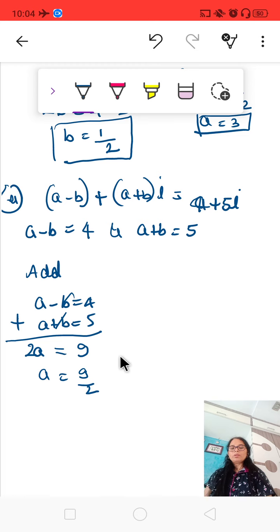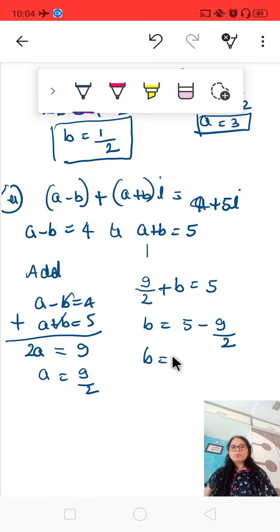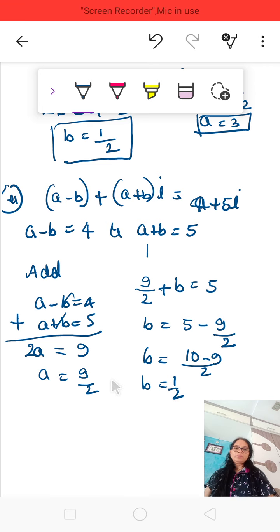Now substitute the value of a is equal to 9 by 2 in any one of the equations. Let me substitute in this one. So 9 upon 2 plus b is equal to 5. Maybe the question is wrong, but I am doing it by assuming it as 4 only. So you will get b is equal to 2 fives are 10 minus 9 upon 2. So your b is 1 by 2. So these two values you are getting for a and b.